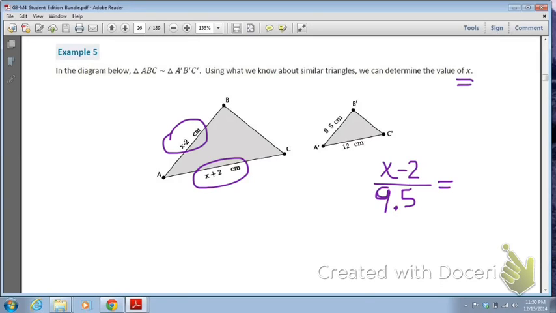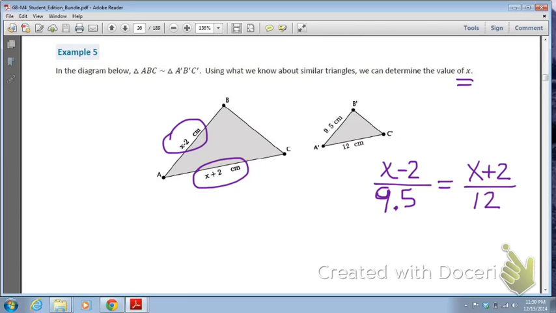So I've got x plus 2 corresponds to A prime C prime, which is 12 centimeters. So there's a proportion we can set up from this. Now, there are many different ways we could write this, but they're all going to end up giving us the same result for x.